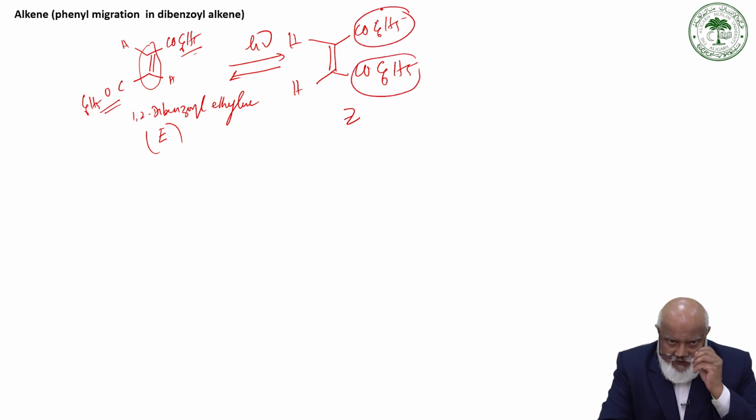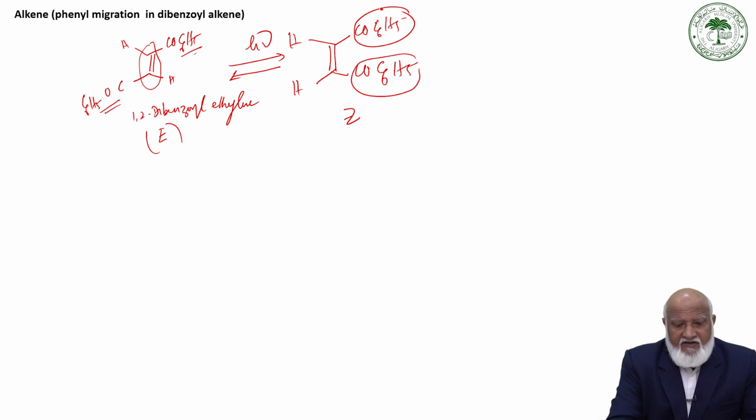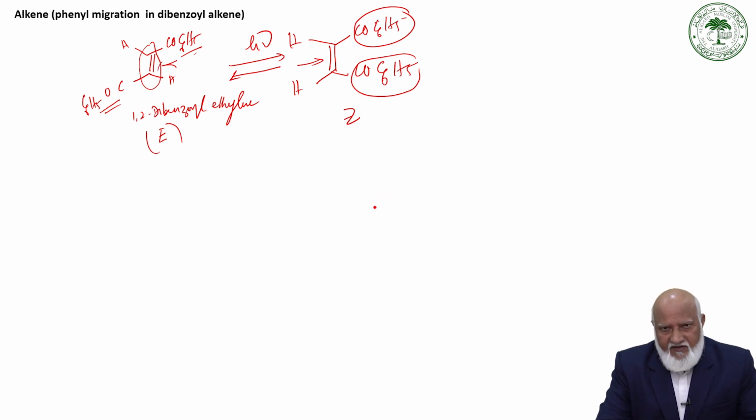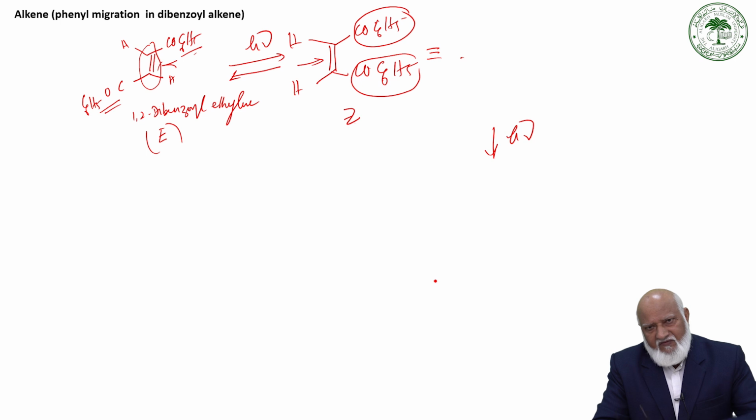Of course, it is in equilibrium, and trans 1,2 dibenzoyl alkene under photolytic conditions may undergo cis trans isomerization across the double bond, giving rise to the less stable Z isomer. Now in this Z isomer, under further irradiation, the two benzoyl groups undergo an interesting photochemical reaction called phenyl group migration.